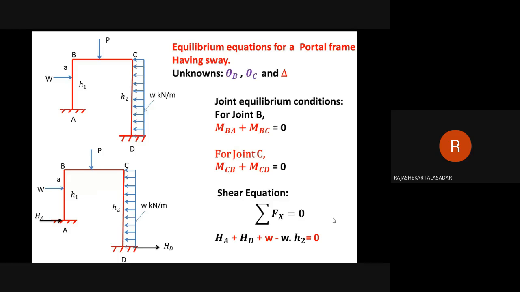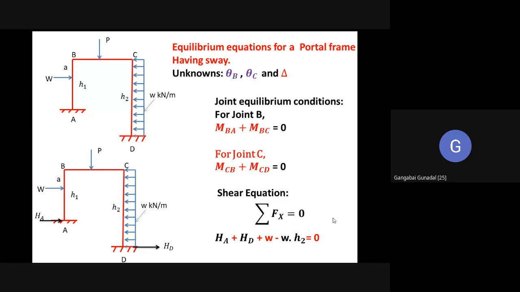Don't try to remember this as a final equation. HA plus HD plus W minus W into H2 equals 0 is not a standard equation. It depends upon the type of loads acting on the structure. Even instead of UDL, you may have a point load on this side. Are you understanding my point?